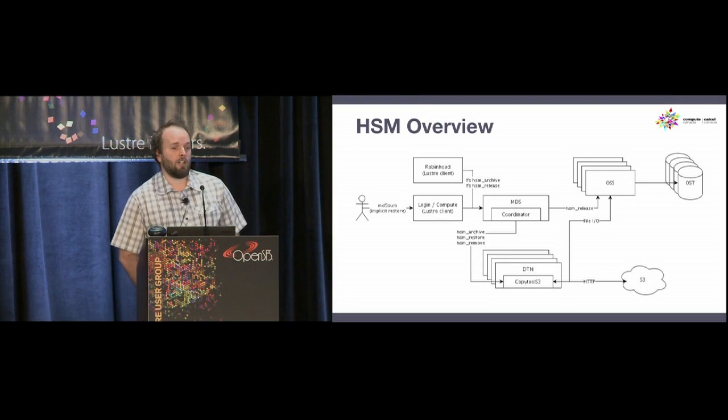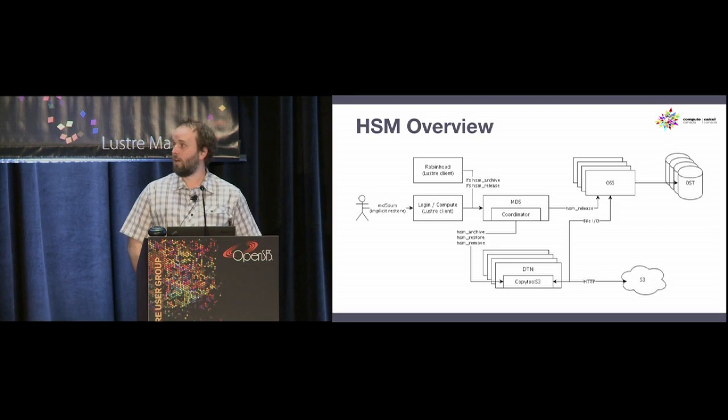So for people who are not familiar with HSM on Lustre, just a quick recap of how it actually works. Basically, everything is managed centrally by the MDS servers, which receive commands from Lustre clients or the policy engine of Robinhood. Either way is fine to initiate an HSM action like archiving or restoring a file.